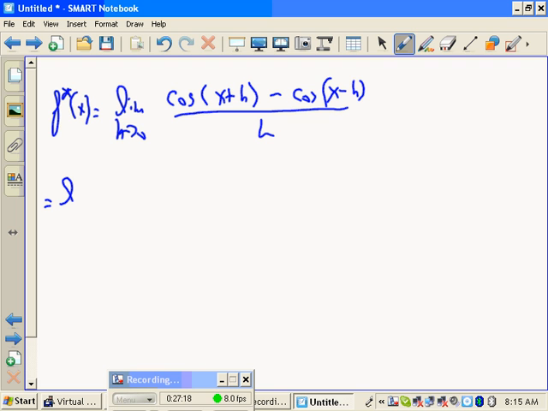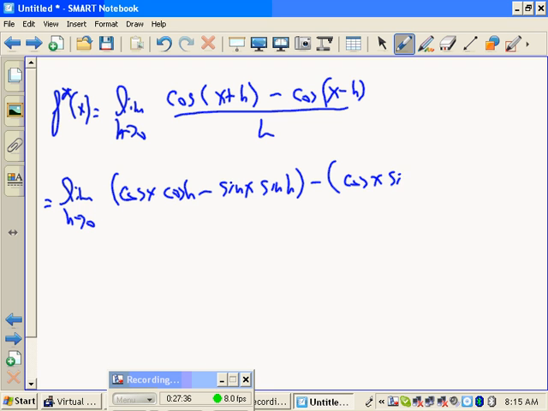I'm going to say the limit, as h goes to 0, of the cosine of x times the cosine of h minus the sine of x times the sine of h, quantity minus, do the same here, cosine of x times the sine of negative h. Be careful, that's a negative h I'm plugging in, right? Minus the sine of x times the cosine of negative h.